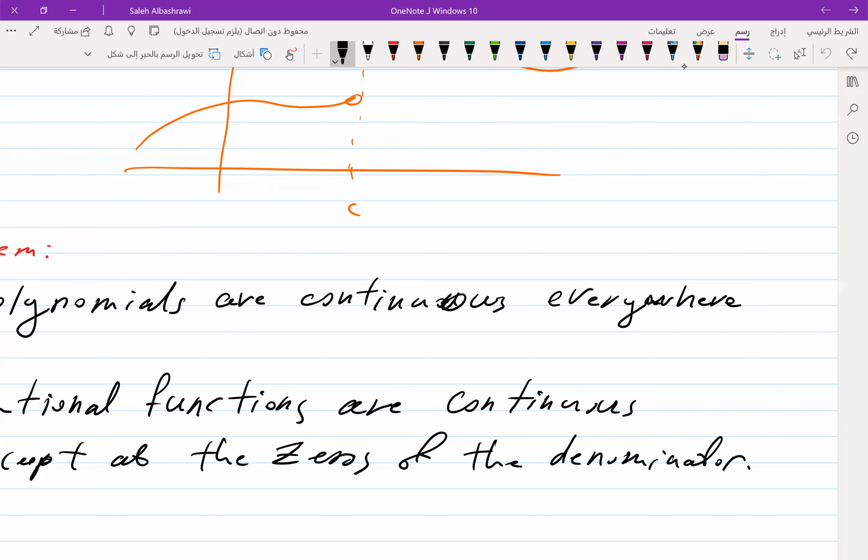So we say if we have a rational function, then it is continuous except at the zeros of the denominator.